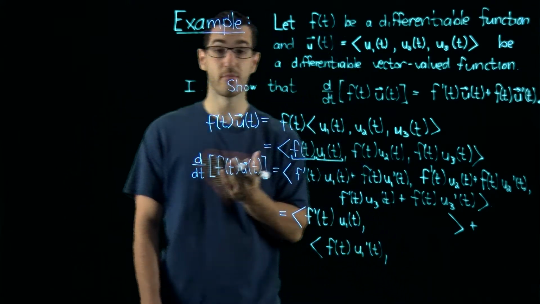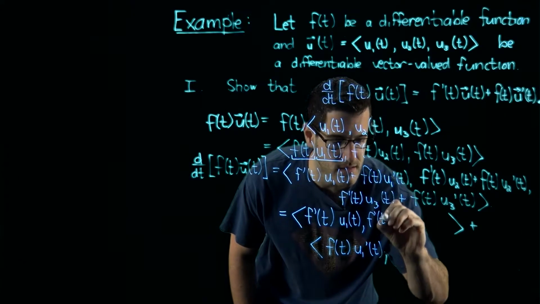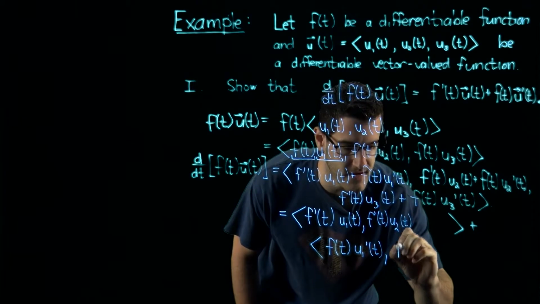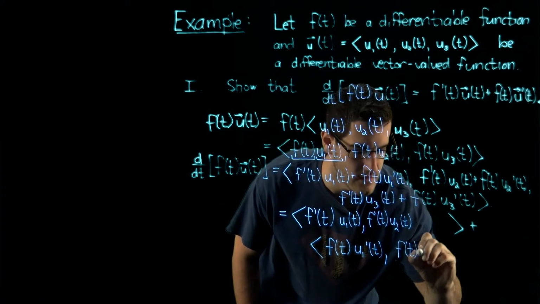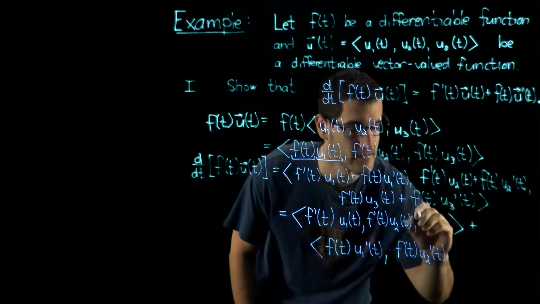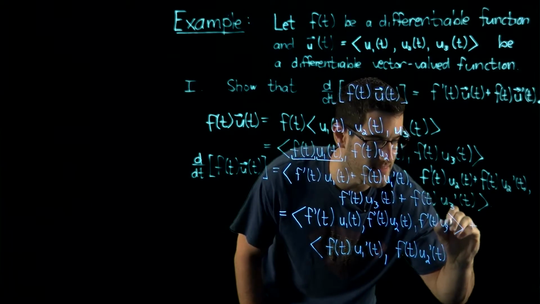All right, so now I'm going to move to the second component and do the same thing. I'm going to keep that f prime of t u2 of t there. And in the second vector, I'm going to keep the f of t u2 prime of t. And now, for the last one, we're going to do the exact same thing.